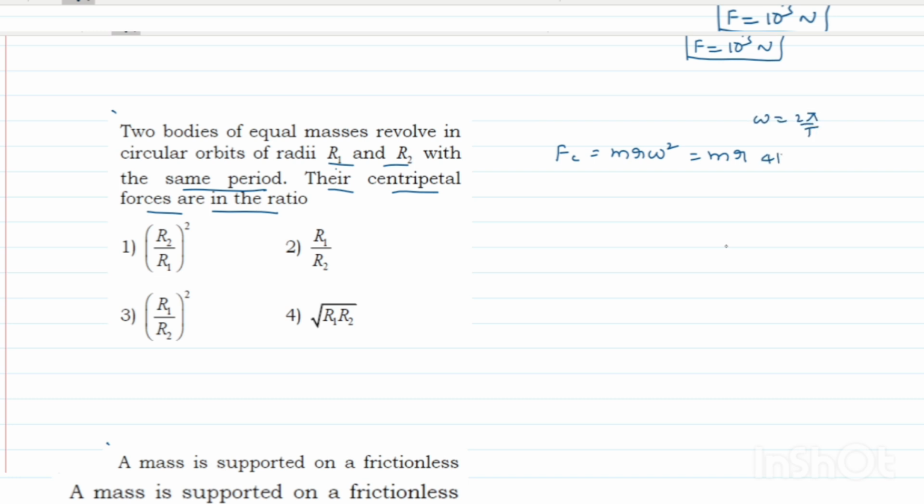You can write it as 4 pi square by T square. Now the time period is the same, so it is constant. Mass is also equal for both bodies, so you can take it as constant. So F is directly proportional to r. That means F1 by F2 equals r1 by r2. The ratio is r1 by r2. This is the correct answer.